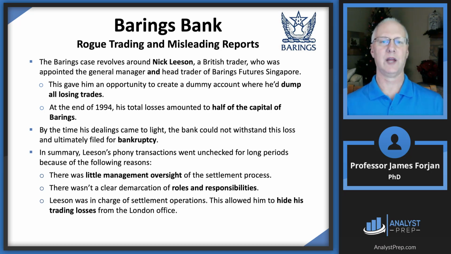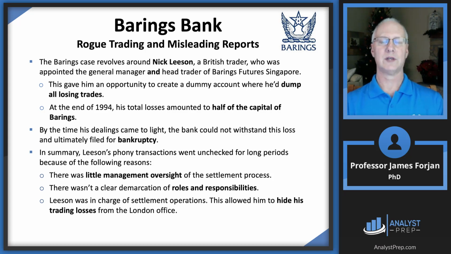Speaking of risky trades, we talked about Barings Bank at some point in our life. Nick Leeson, the British trader. What happened was that not only did Barings say to Nick, hey, you know what, we want you to be in charge of all of our derivatives trading, we're going to allow you to monitor yourself.